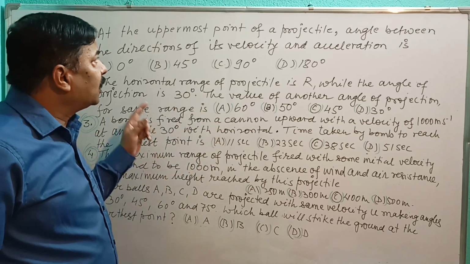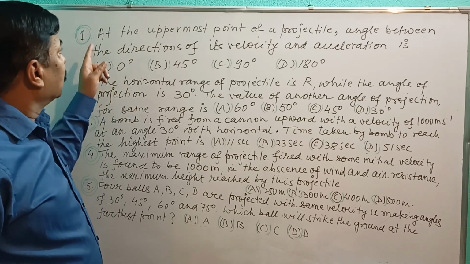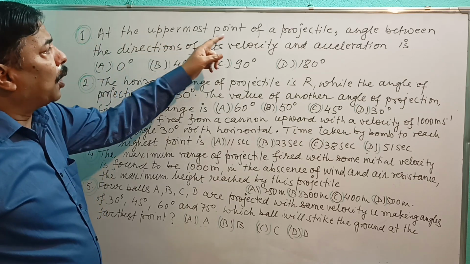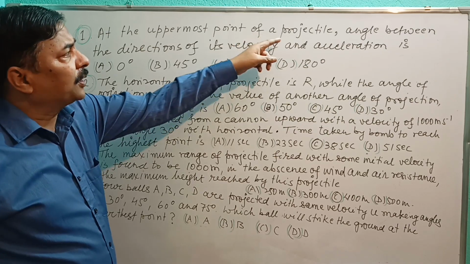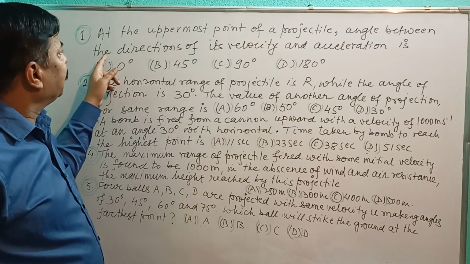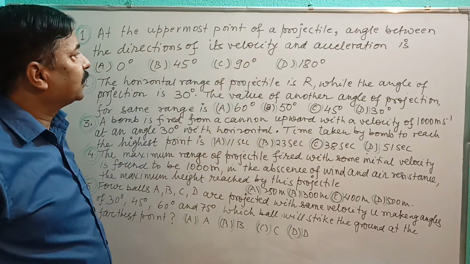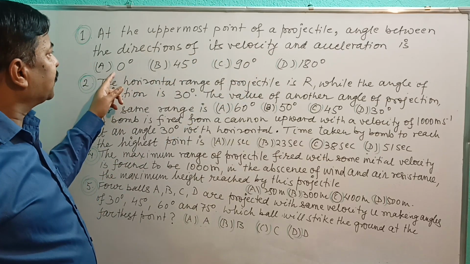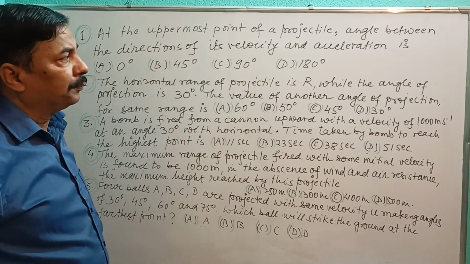So let us understand the first question, which asks: at the uppermost point of a projectile, the angle between the directions of its velocity and acceleration is. Four options are there: 0, 45, 90 and 180.